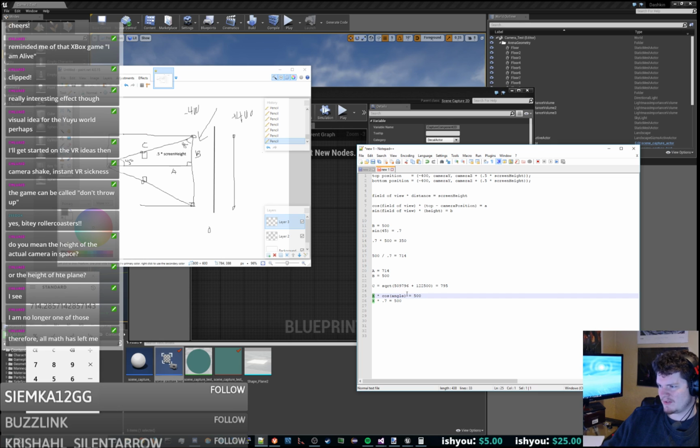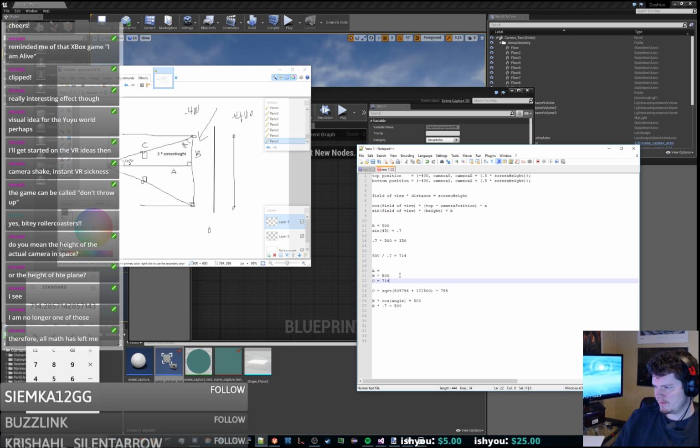I mean, is that giving us c squared? Is that giving us c? Is that what's going on here? Is like a is not this value, it's actually c equals this 714. So it's like, if we got 500 times 500, it's 250.